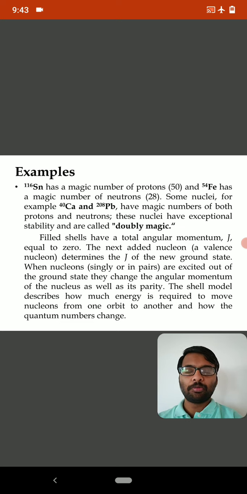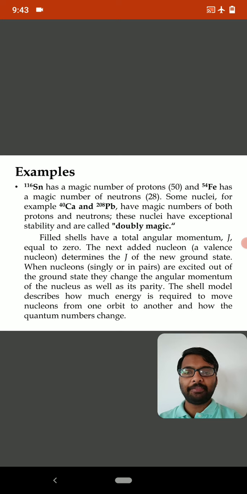This nuclear shell model explains the stability of the nucleus on the basis of magic numbers, that is, either the proton number or the neutron number is equal to a magic number: 2, 8, 20, 28, 50, 82 and 126. So either the proton number or the neutron number should be equal to a magic number, then it is stable. If both are magic numbers, then it is highly stable. It is called a doubly magic nucleus.